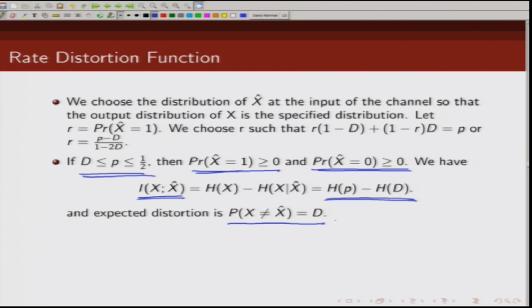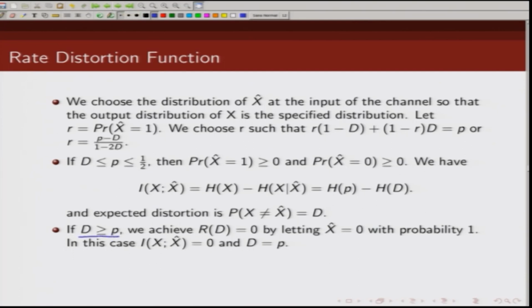So, if we take this input distribution on x hat, we are able to achieve this lower bound. So, then the rate distortion function is given by h of p minus h of d.